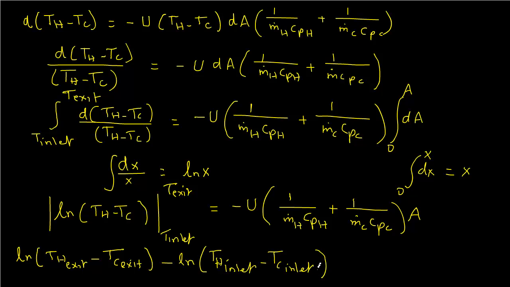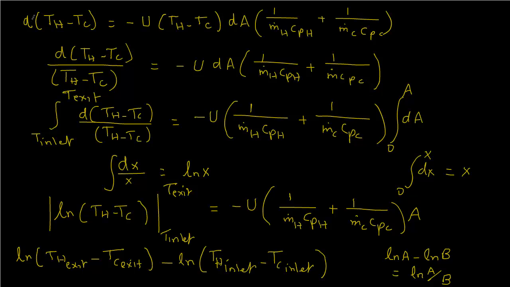And recall from algebra that natural log of A minus natural log of B equals natural log of A over B. So we will rewrite our left hand side of this equation on the next screen as a ratio.